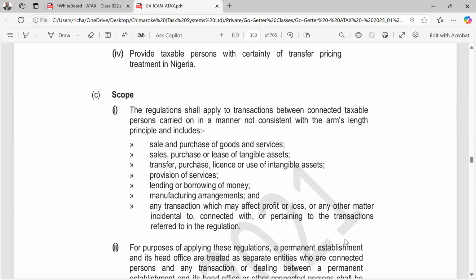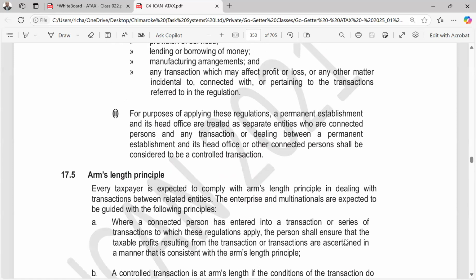You are kind of borrowing money and you are going to be paid interest. And you see now, there is a way that these things can be done and you won't follow arm's length principles. Manufacturing arrangements and any transaction which may affect profit or loss or any other matter incidental to, connected with, or pertaining to transactions referred to in the regulations.